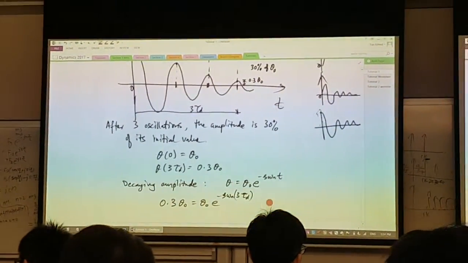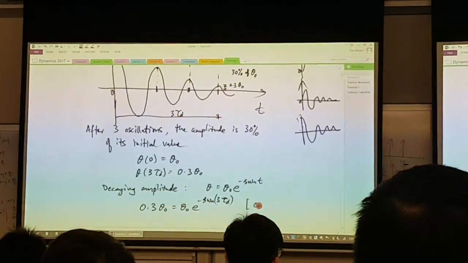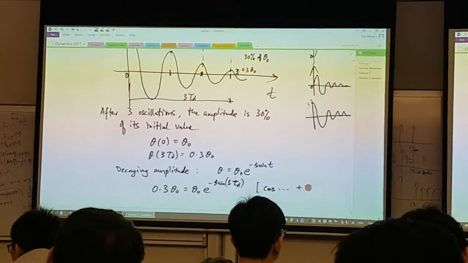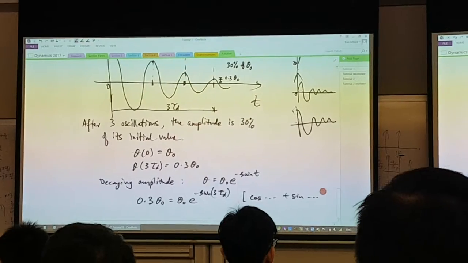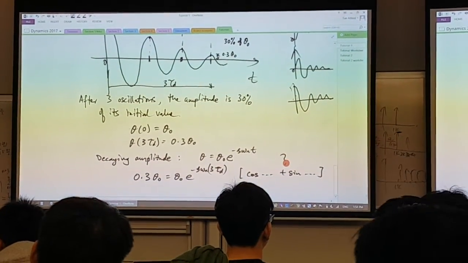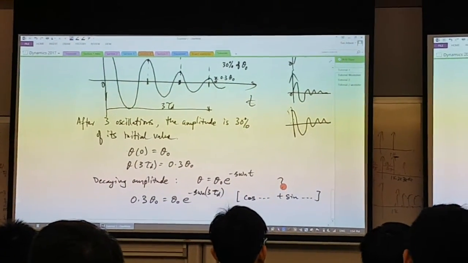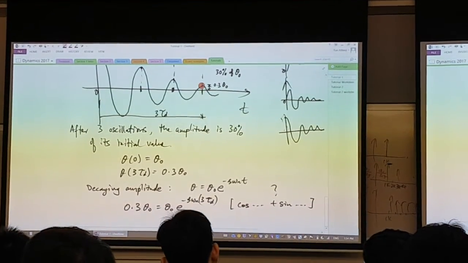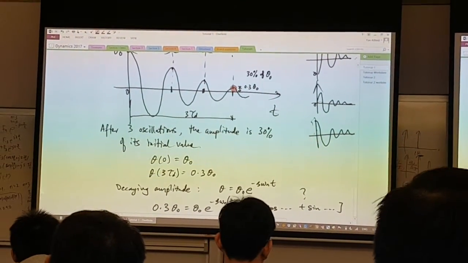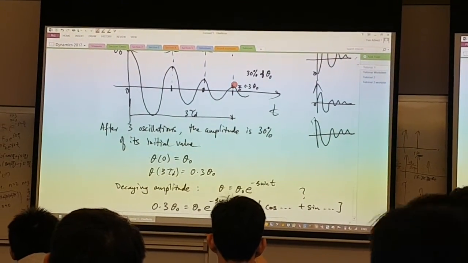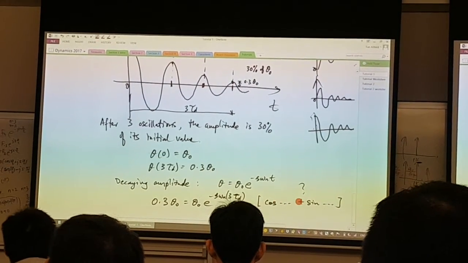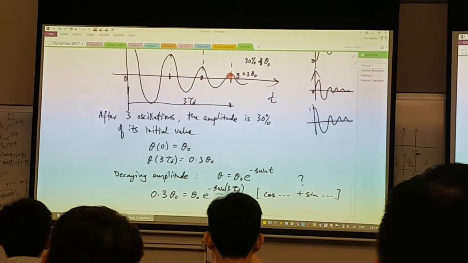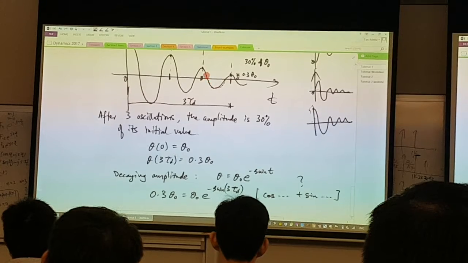So Sanskrit was asking me, where is your cosine and sine term? Where are they? Well, actually we are looking at a complete cycle here. So the complete cycle is this point over here. Your sine and cosine term will give you this intermediate point over here.